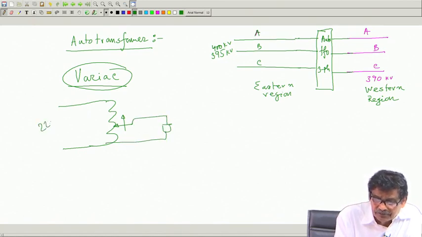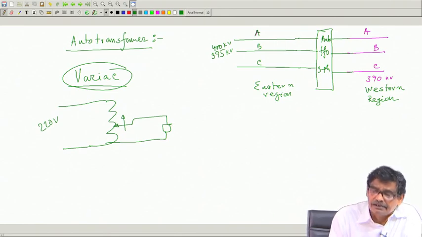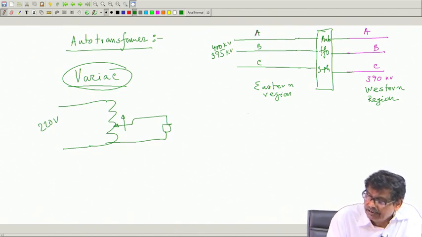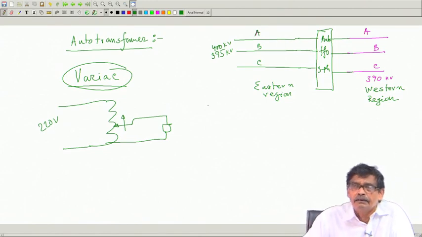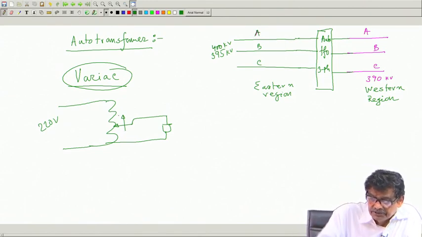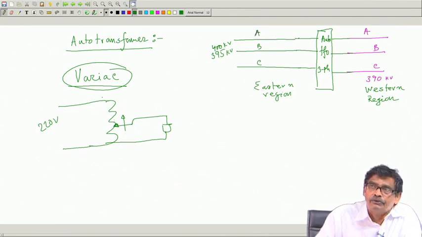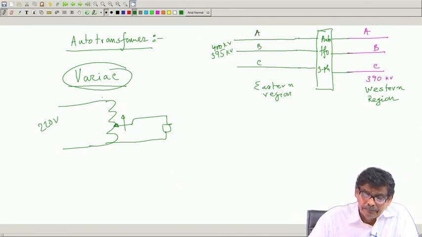Suppose there is 220 volt, and you want to do some experiments to find out the characteristics of the load, starting from 0 voltage up to 220 volt. There is a pointer which you can vary by rotating a shaft through a carbon brush. You touch different segments of the turns and gradually increase the voltage to the load. It is called a variac.